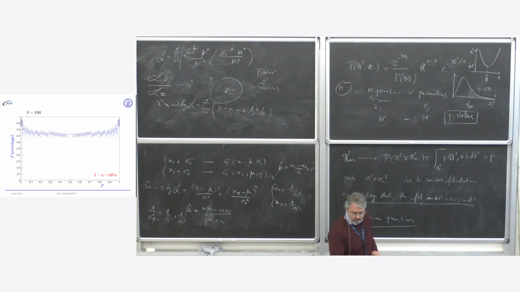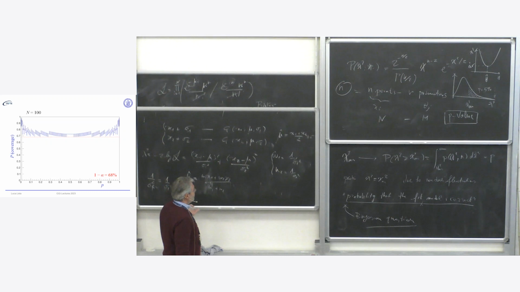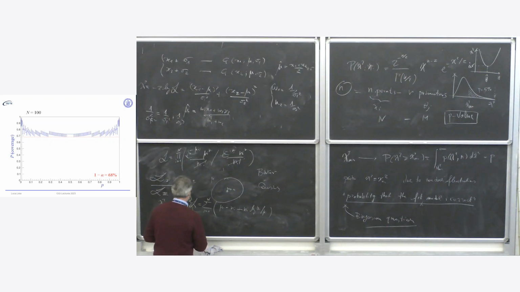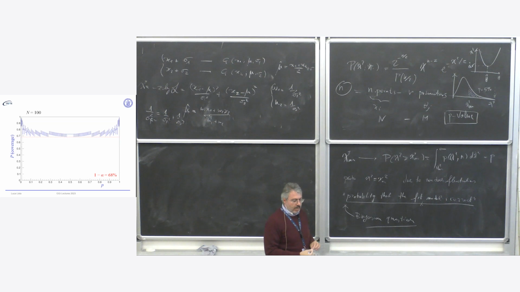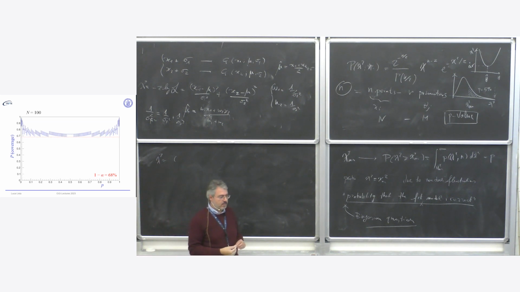Now, what happens if you know that there is correlation between the two quantities? A way to extend the chi-square and take into account correlation is to write the chi-square in this way: as a vector times matrix product.